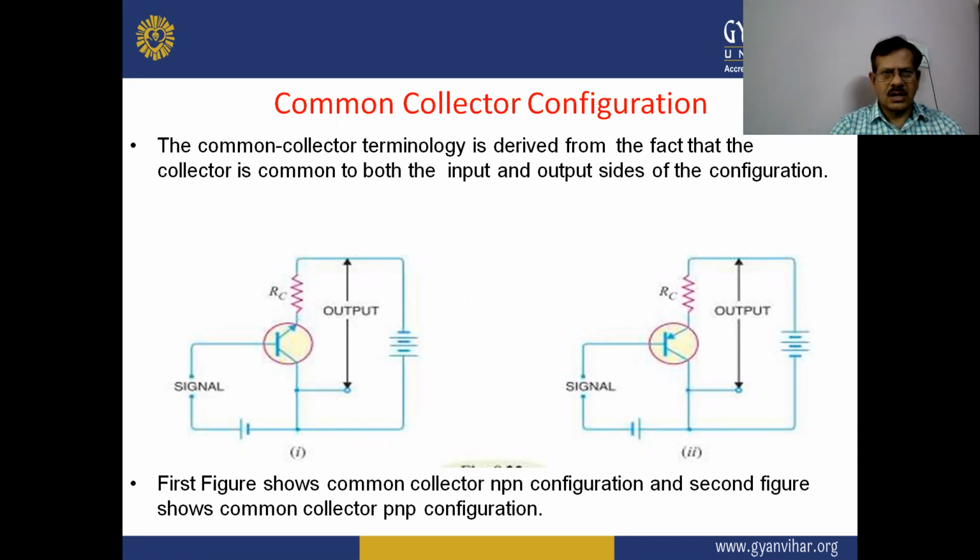In the common collector characteristics of the BJT, the collector is common to both the input and output side of the configuration. Figure A shows the common collector NPN configuration, and the second figure shows the common collector PNP configuration.